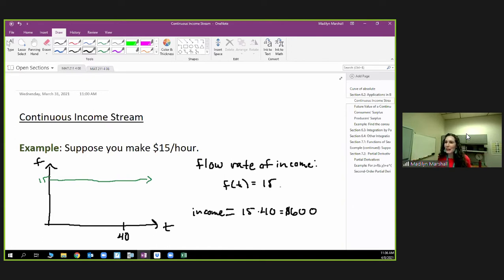But if we were thinking about that on a graph, our flow rate being the function, so that's 15, we're making $15 per hour consistently.